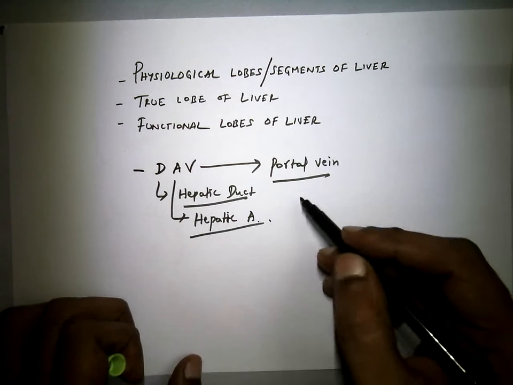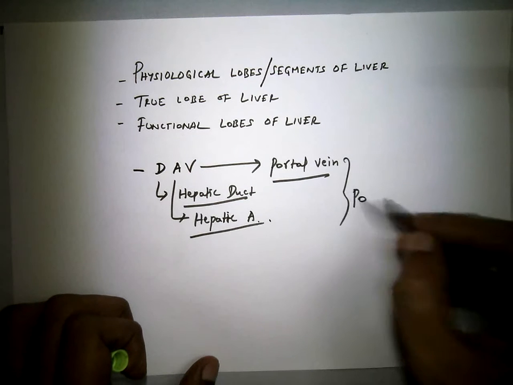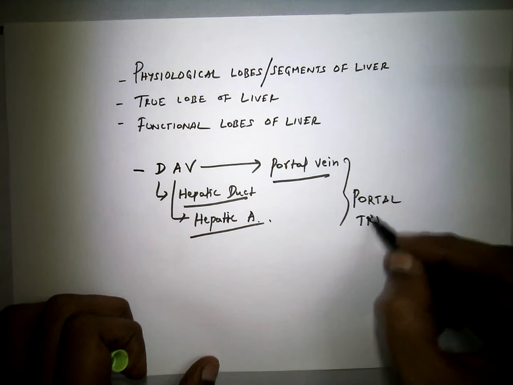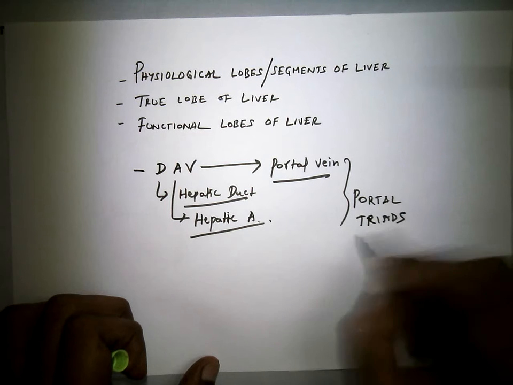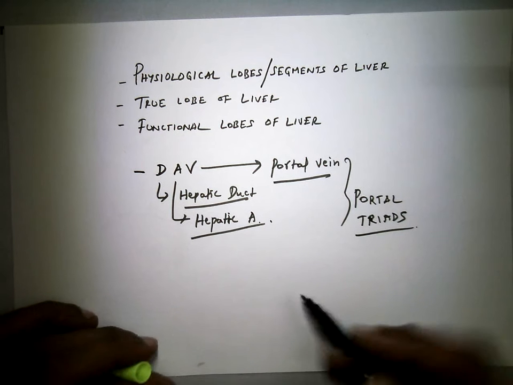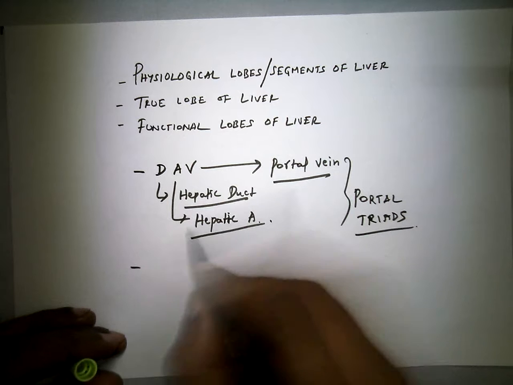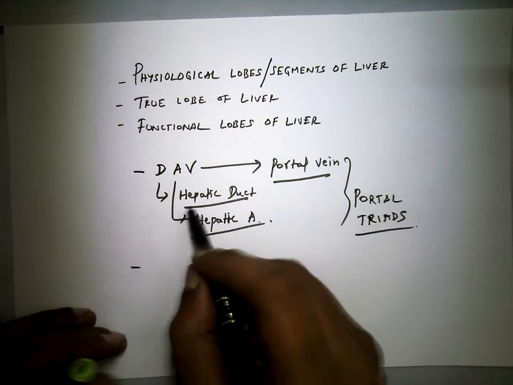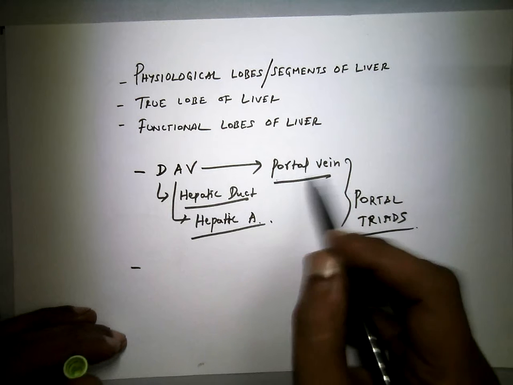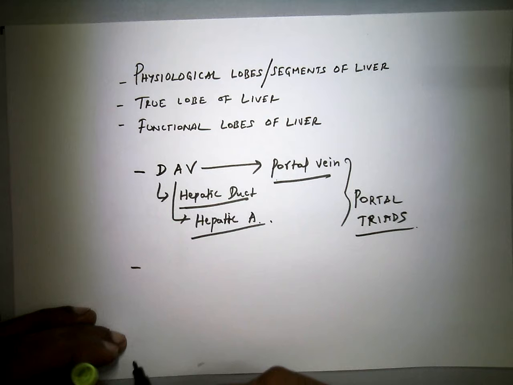We all know that these three structures are together named the portal triad. Every segment of the liver will have separate branches of hepatic artery and portal vein, as well as a separate tributary of hepatic ducts.